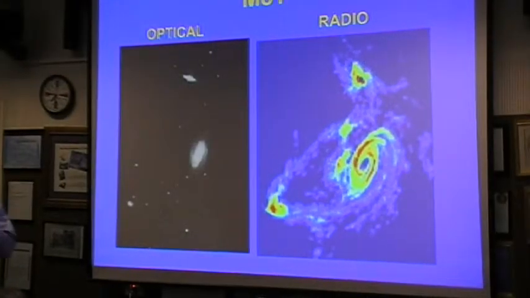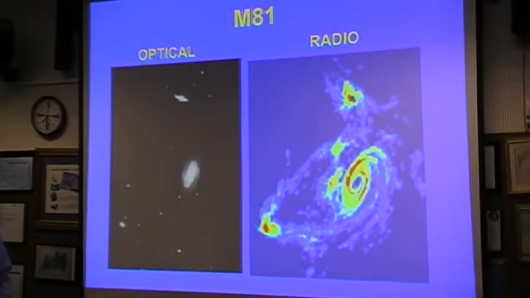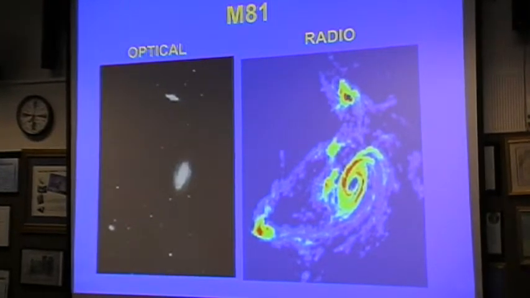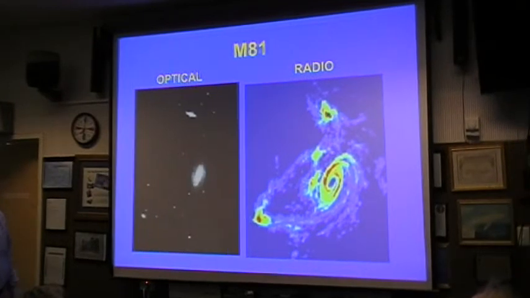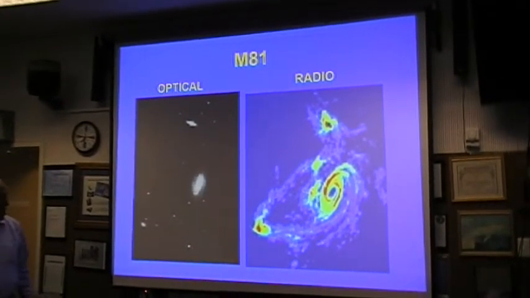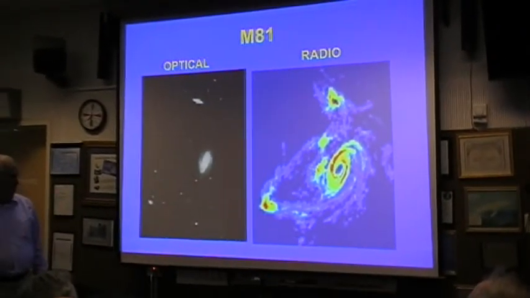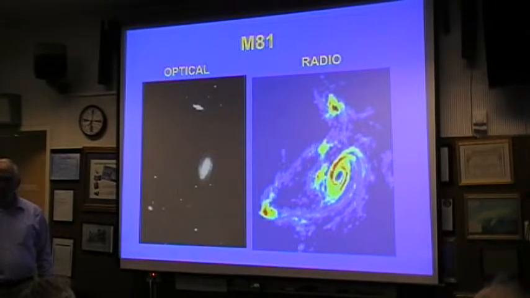Right, first of all, why radio astronomy? This is a very old image which has been around for years, and is a black and white image of M81 in optical, and in radio, looking at the radiation from neutral hydrogen. I think you can see straight away that by looking at the radiation in neutral hydrogen, you see more.